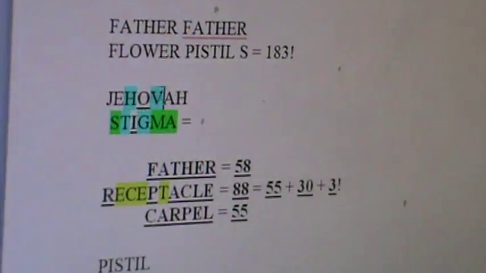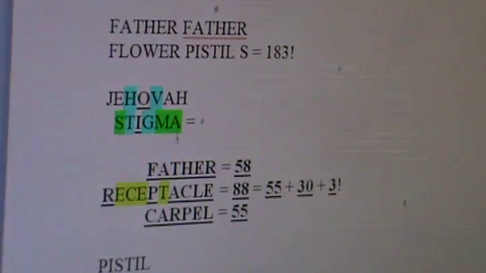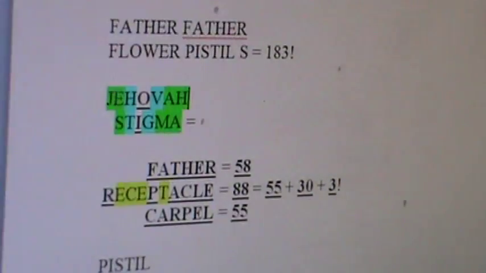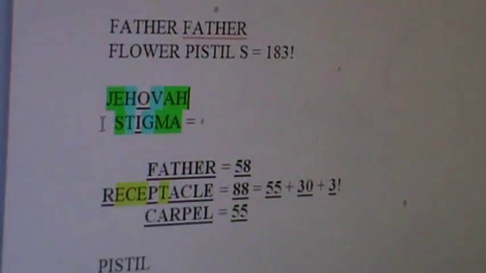Jove is pairwise 3 from the inside out, which is why I saw that in stigma. Okay. So if you wanted, you could paint these pairs green, and they add to 24. These ones add to 33. So that's very obvious to me.